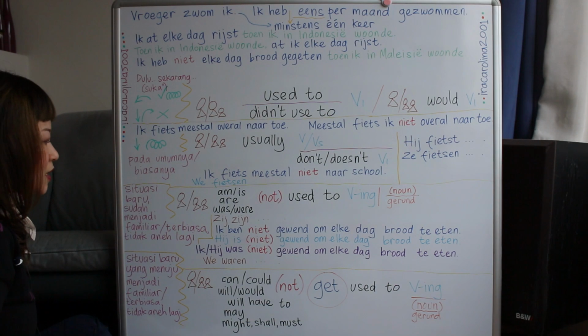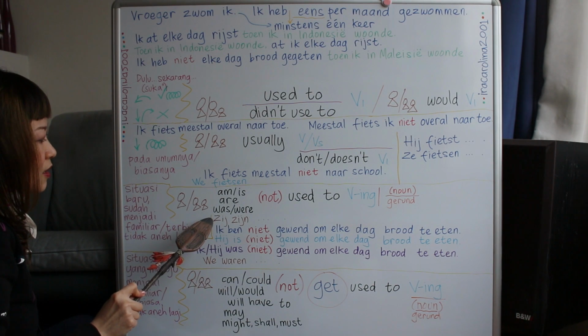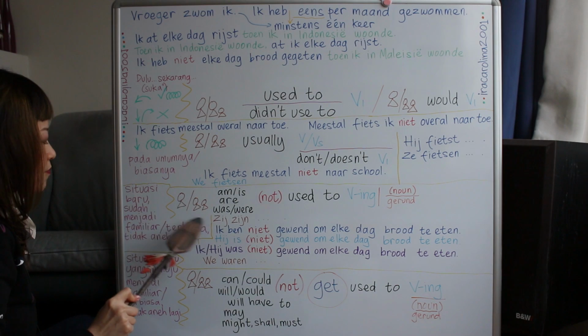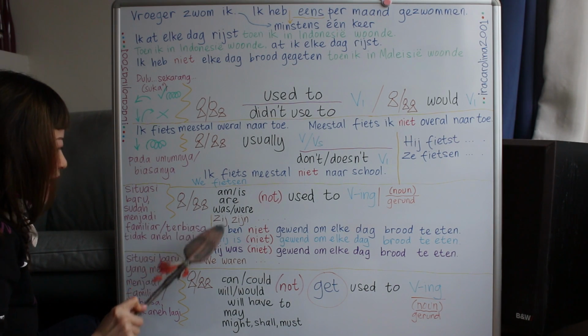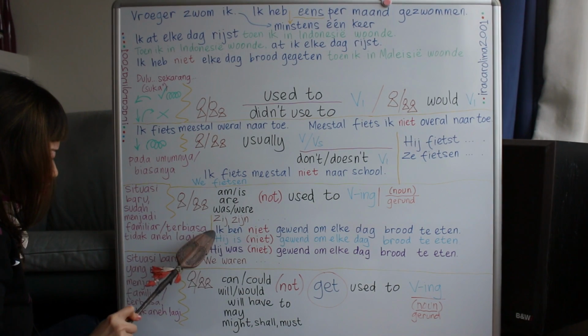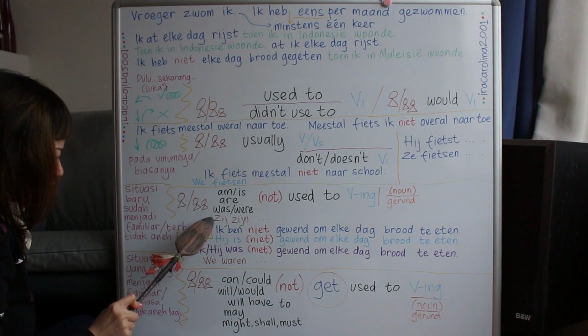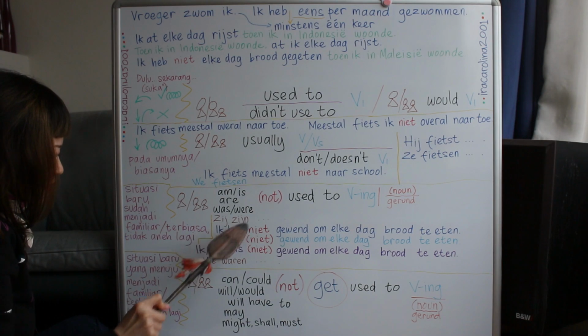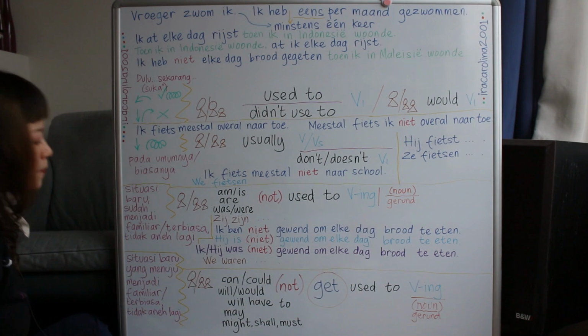If you want to use they, zij, and then zijn. You change the ik with zij, you change the ben with zijn. The rest will be the same.